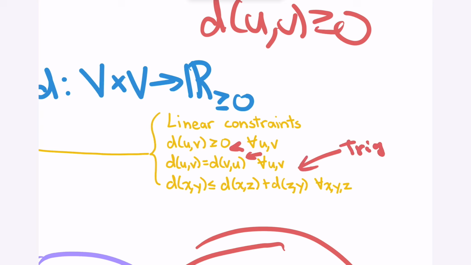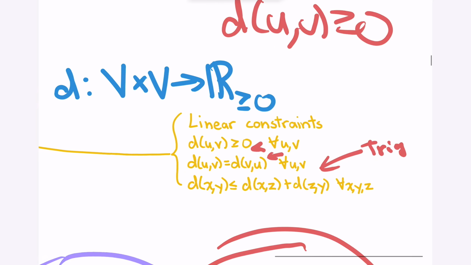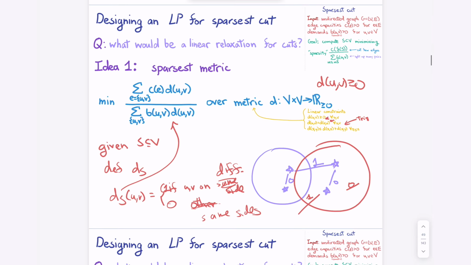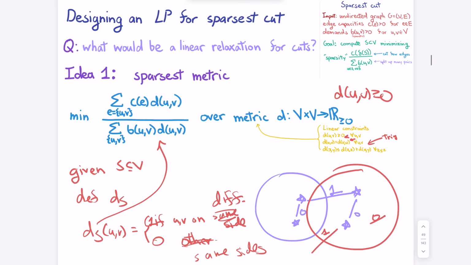And the one thing nice about a metric is those rules are linear inequalities. So I add that to the LP. When I'm writing this over metric d, the LP is trying to choose a metric, and that's really a shorthand for explicitly writing out the rules of a metric that the LP needs to follow: triangle inequality, symmetric, non-negative. Okay. Good. So that's the first idea.